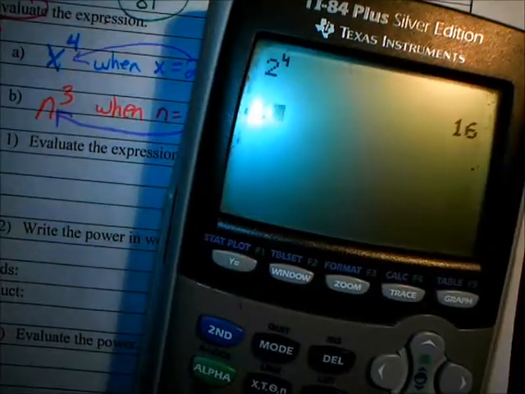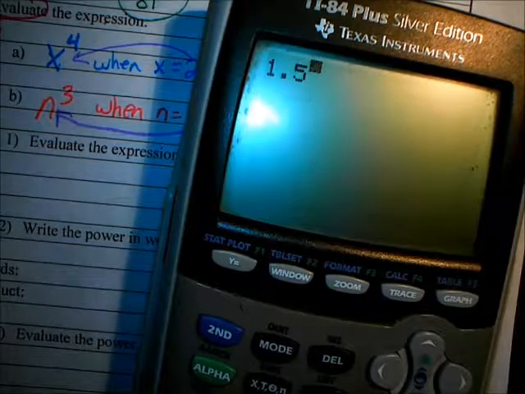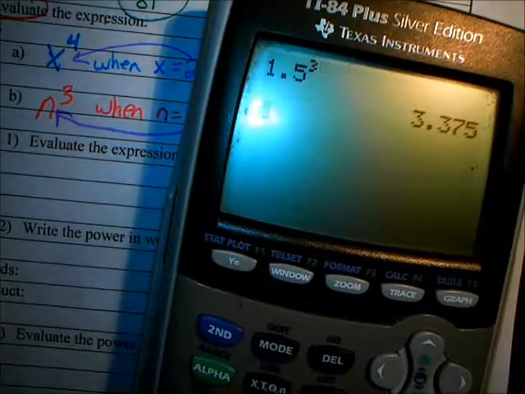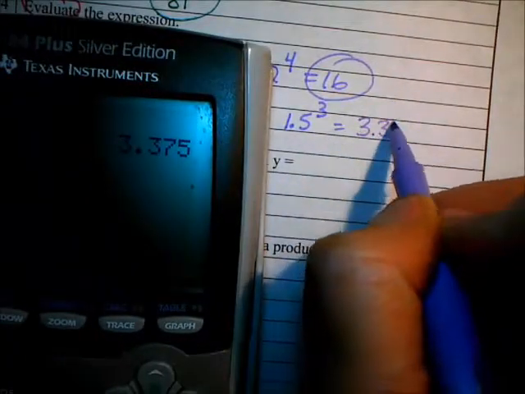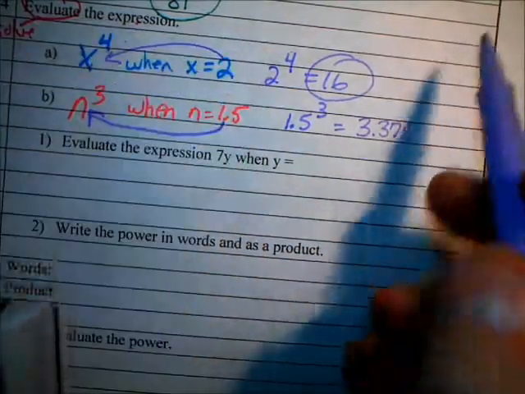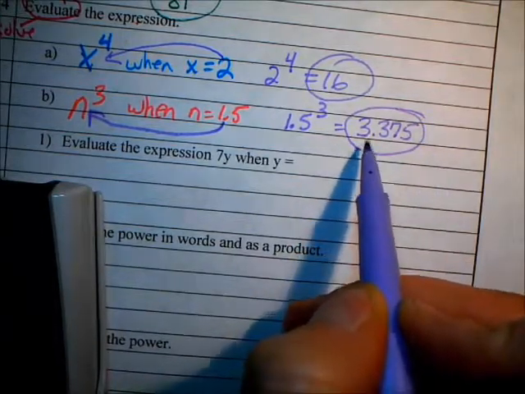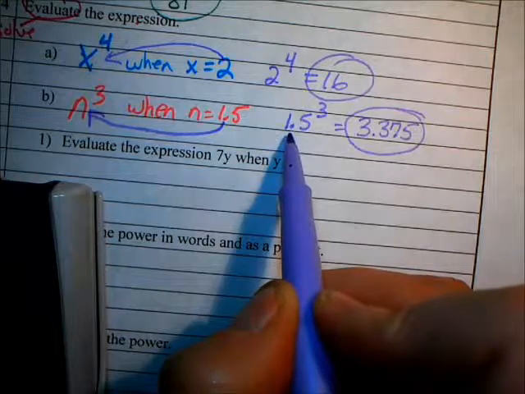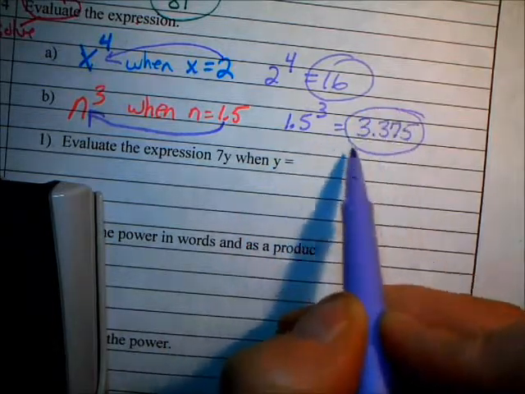Put it in your calculator, 1.5 raised to the 3rd power, and it equals 3.375. Okay, now realize this is my answer. I do not have to change that to a fraction because my problem was a decimal. I had a decimal here. So I'm going to leave this as my answer for my problem.